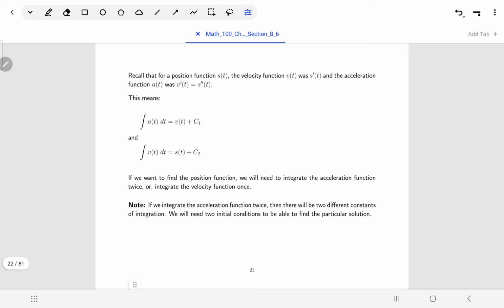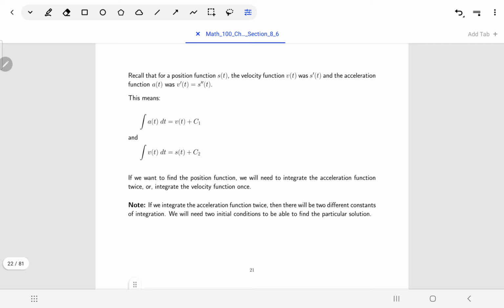So you can say to yourself, well, if you wanted to do antiderivatives, the indefinite integral of acceleration should be velocity. And if you did the indefinite integral of velocity, that should be position. And of course, if you wanted to do it from acceleration and find position, you could integrate once to find velocity and then integrate again to find position.